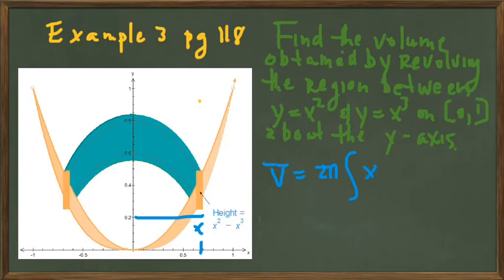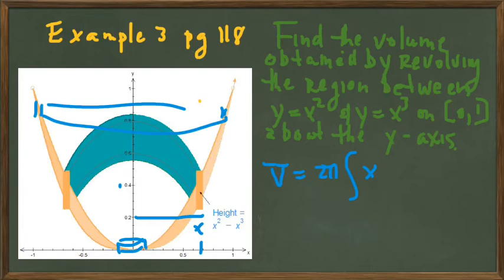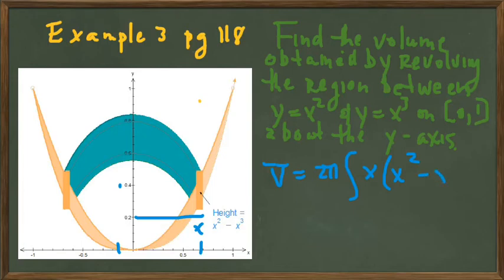Remember, there will be shells inside this, very small ones here, and then these ones out here like that, etc. Then the height is the top curve, which in this case is x squared. The bottom curve is x cubed.